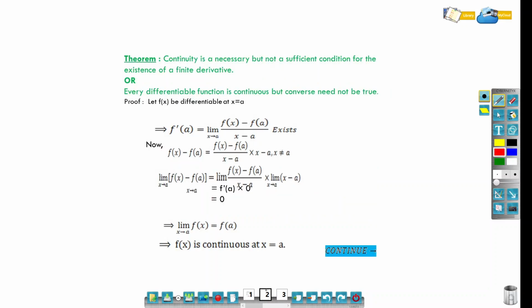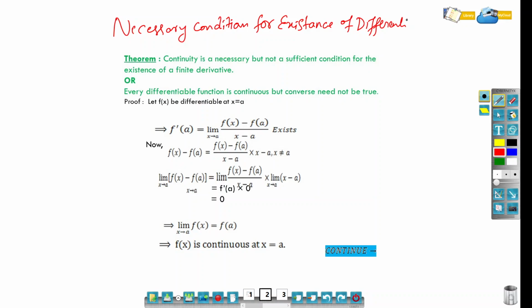Now the statement of the theorem. This one can also be named as necessary condition for the existence of derivatives.